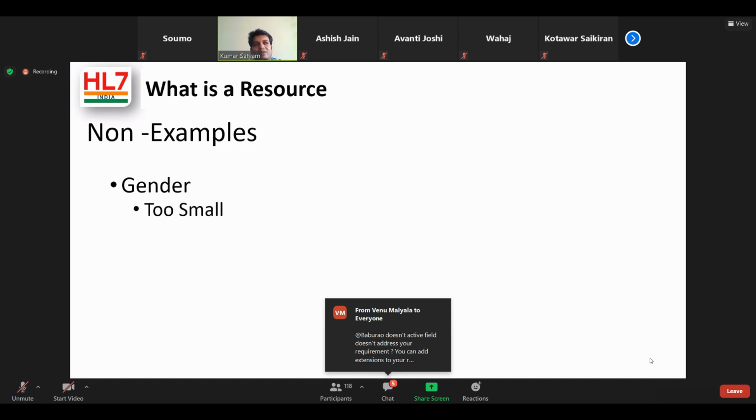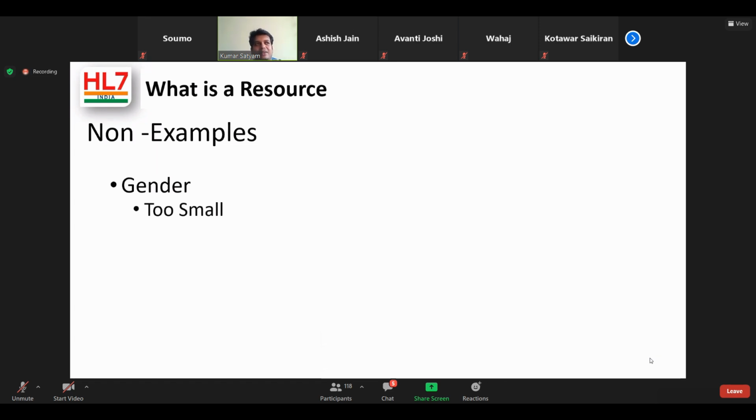In order to make any meaningful operation or any meaningful exchange, we need to know more than just the gender value. We might need to know the name of the patient, maybe address, date of birth, and something like that, right? So gender in itself does not qualify as a resource because it's too small.